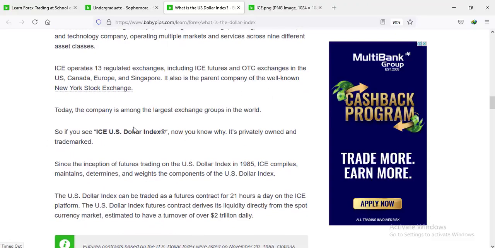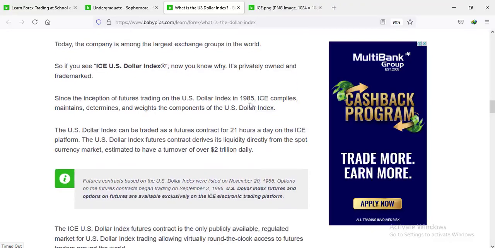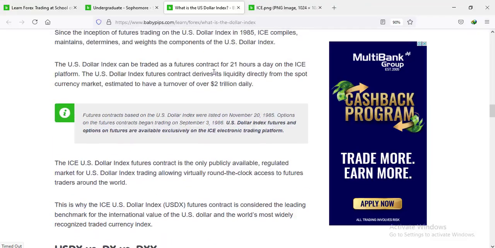Okay, so today the US dollar index is officially known as the ICE US Dollar Index. Okay, that's the official name. It began operation in 1985, and it maintains, determines, and weights the components of the US dollar index.